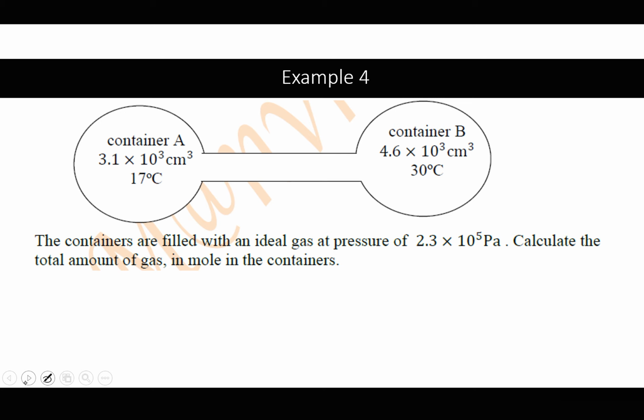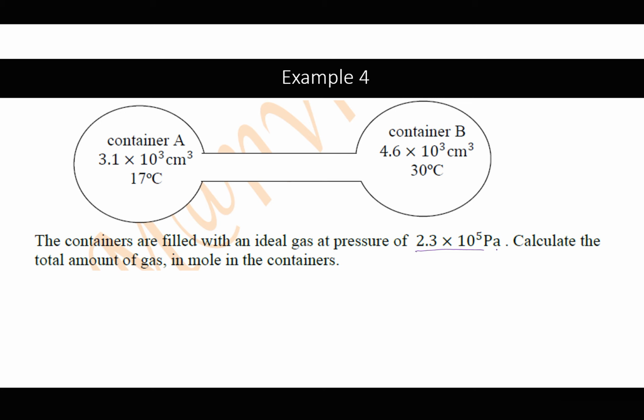Example number 4. Here we have two containers. The containers are filled with an ideal gas. That means PV is equal to nRT. Calculate the total amount of gas in moles in the containers. The pressure of the gas is 2.3 times 10 power 5 pascals.